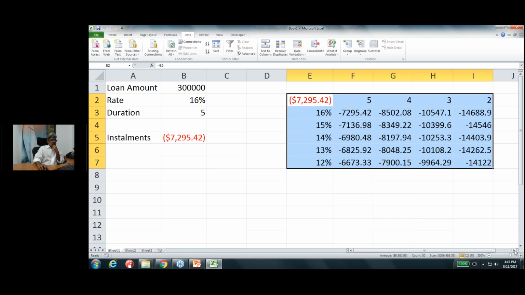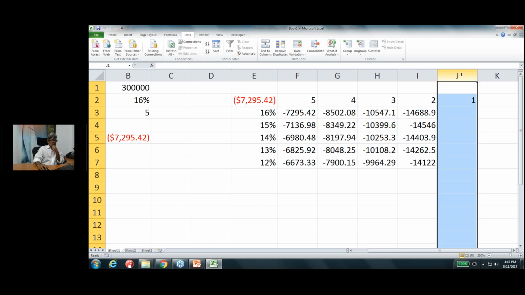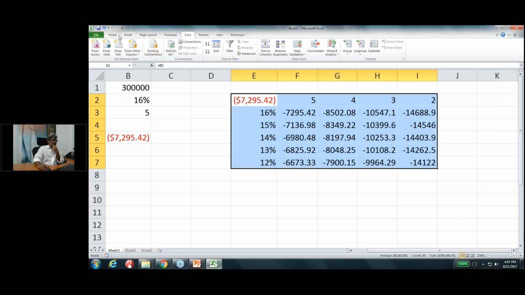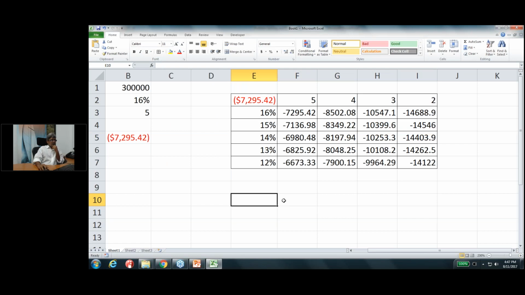So if you look at this particular table, oh, I have missed one part. Okay, fine, that's okay. So if you look at this particular table, you have at the rate of 16%, if we go for a 4 years loan, the monthly installment will be this.